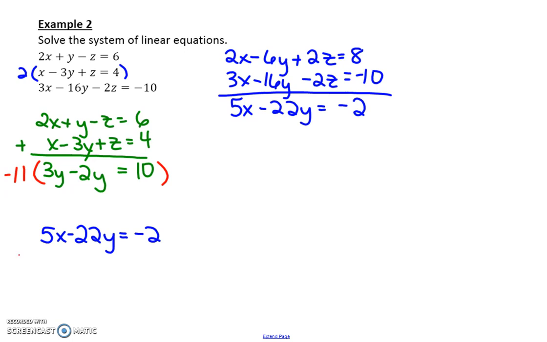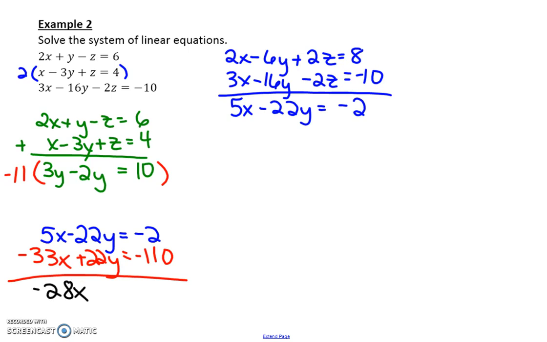So I get negative 33x plus 22y, so that's where my y's are going to cancel, equals negative 110. And so when I add those together, I get negative 28x, my y's cancel, equals negative 112.